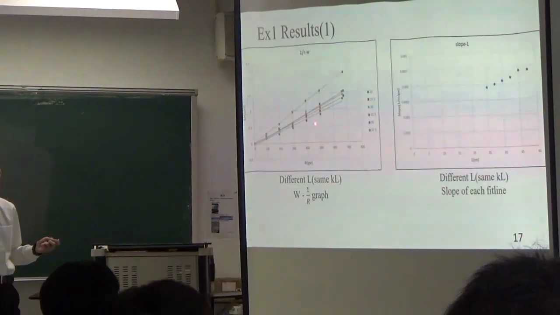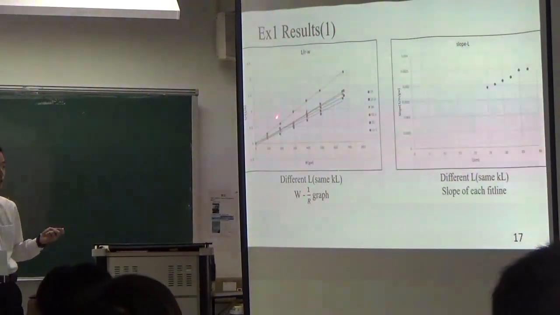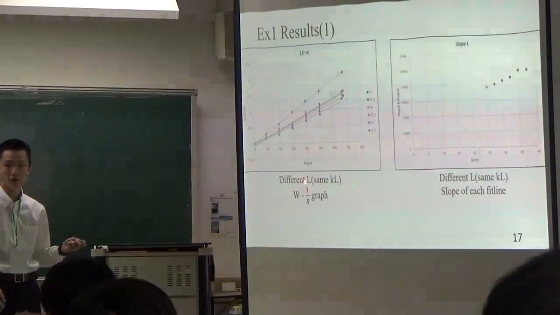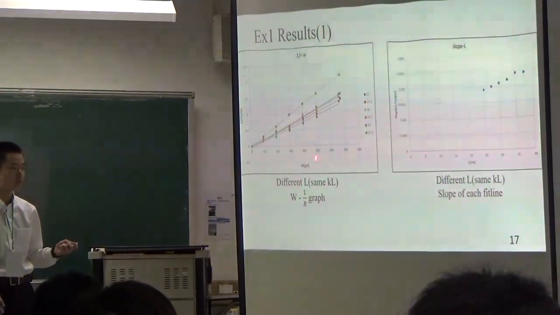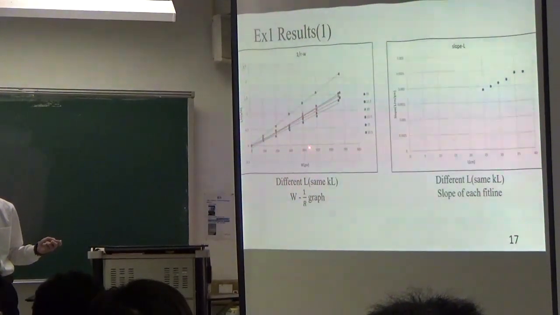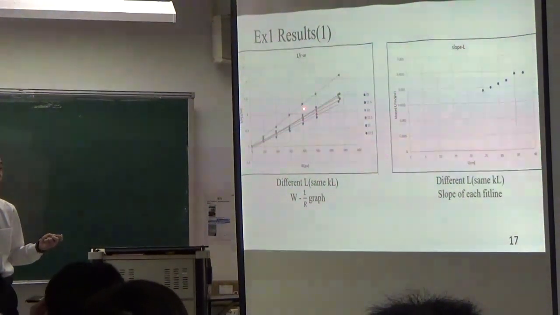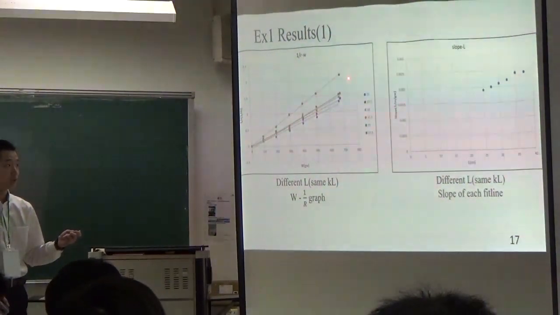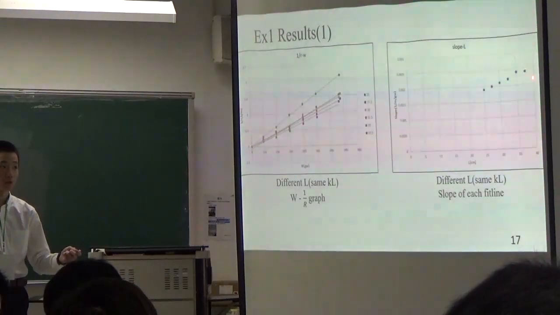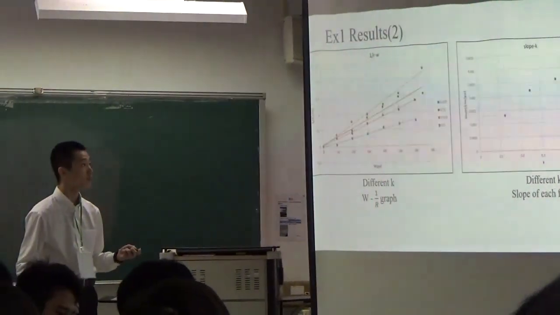This is the result for experiment 1. The left picture shows the relationship between W and the reciprocal of R under different L. As you can see, W is almost proportional to the reciprocal of R. I put the slope of the trend line for each L in this graph, and I will explain the result later.